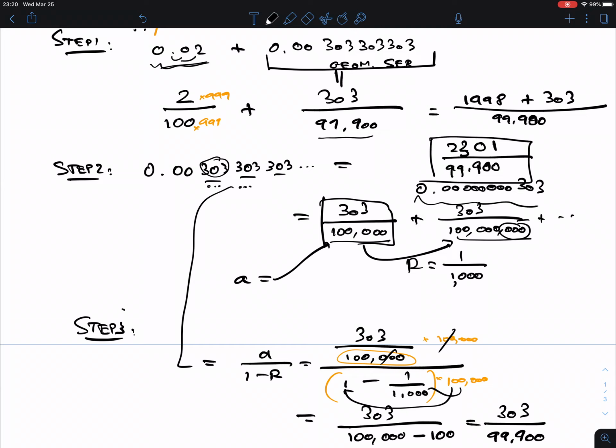And by the way, once you have your answer, it's extremely simple to see whether you're right or not. Because if you put this number in your calculator, I'm going to do it for myself here just so that I'm not telling you any lies, I get 0.02303.